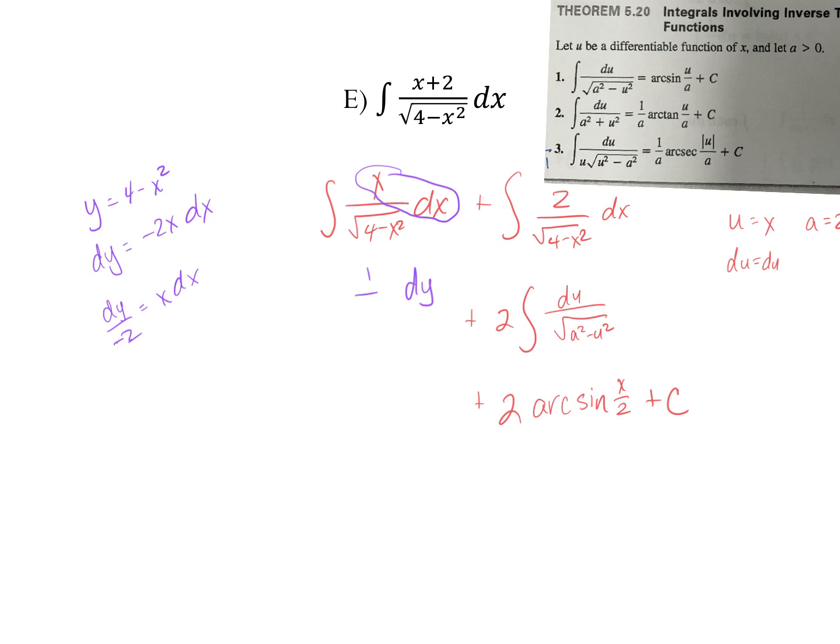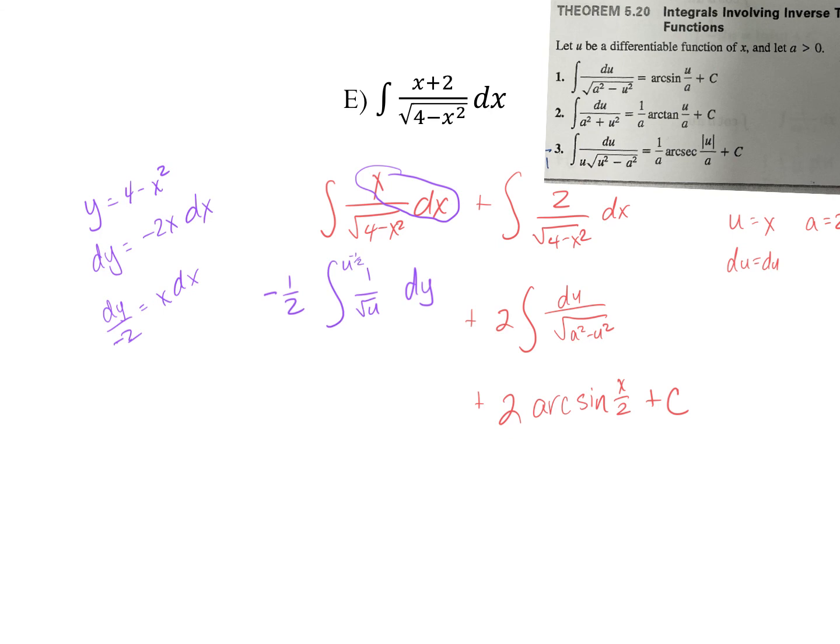I'll have 1 over the square root of y, and that negative 1/2 out front from the dy over negative 2. And what's the integral of 1 over, well, that's just y to the negative 1/2, right?